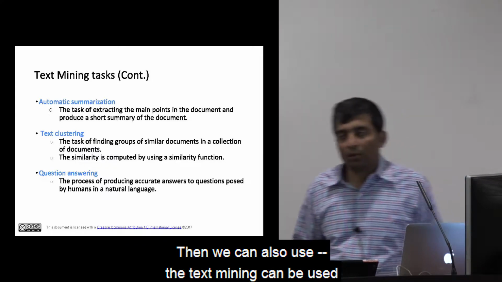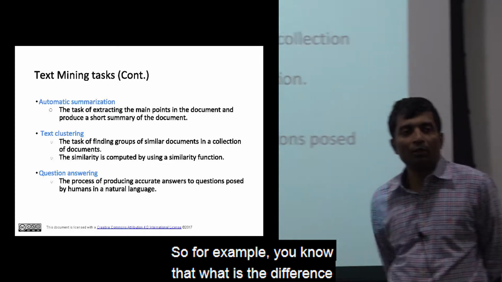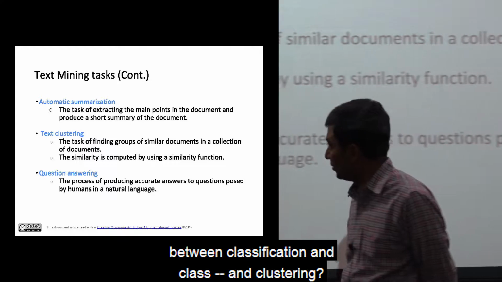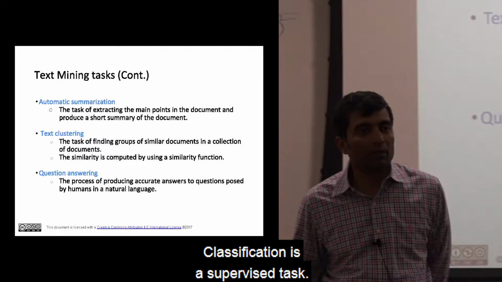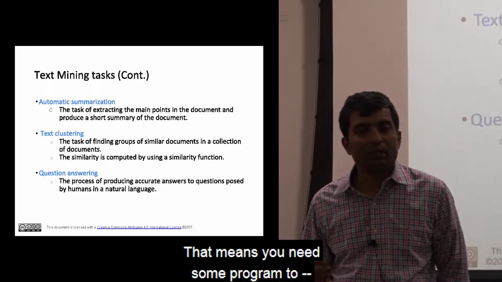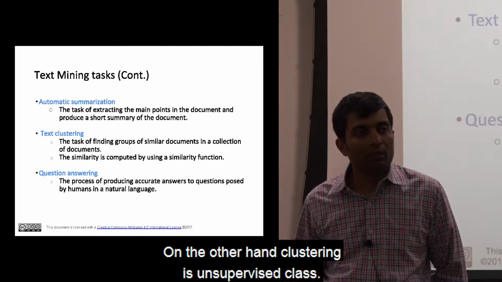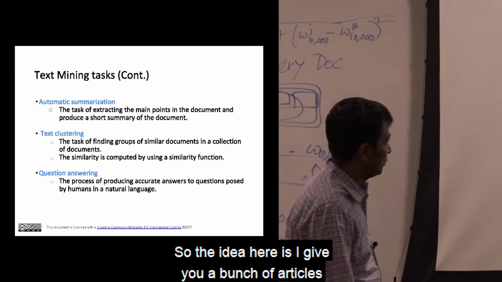Then text mining can also be used for text clustering. You know the difference between classification and clustering? Classification is a supervised task, which means you need some ground truth or labeled data to build a model. On the other hand, clustering is an unsupervised task, you don't need any labeled data.